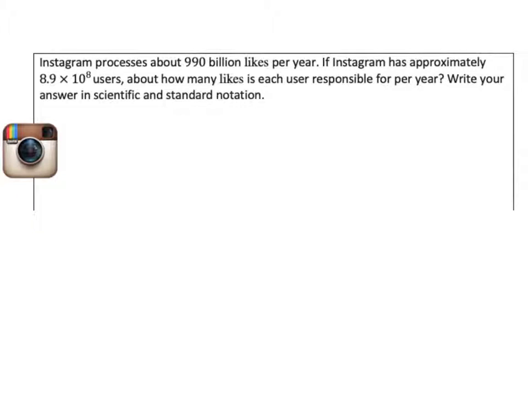All right, the next one probably makes a little more sense to you since you're big social media users. Instagram processes about 990 billion likes per year. Let's look at what that is. 990 billion would be 9.9 times 10 to the 11th power.